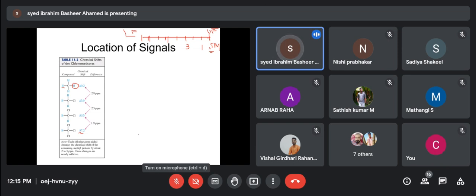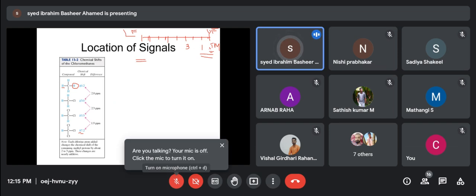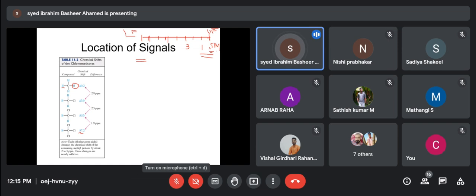So the basic thing that you should know: a more shielded proton will appear in the upfield. A less shielded proton will appear in low field or downfield. That you have to remember. Forget about this value; you should think of the scale with respect to TMS.